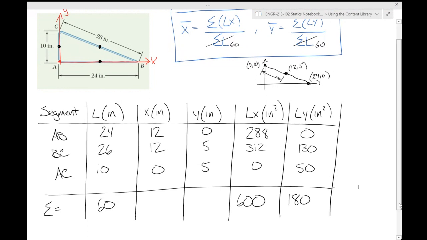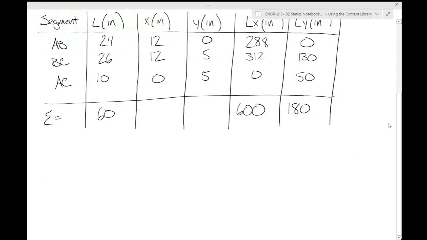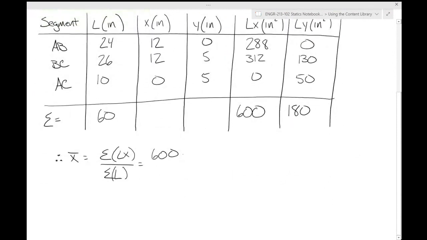So therefore, what I can do, let me lower that down a bit. Therefore, the centroid x bar is the sum of Lx over the sum of L, which is 600. And then the units for this, because we're just taking lengths times moment arms, this is going to be 600 square inches over 60 inches.